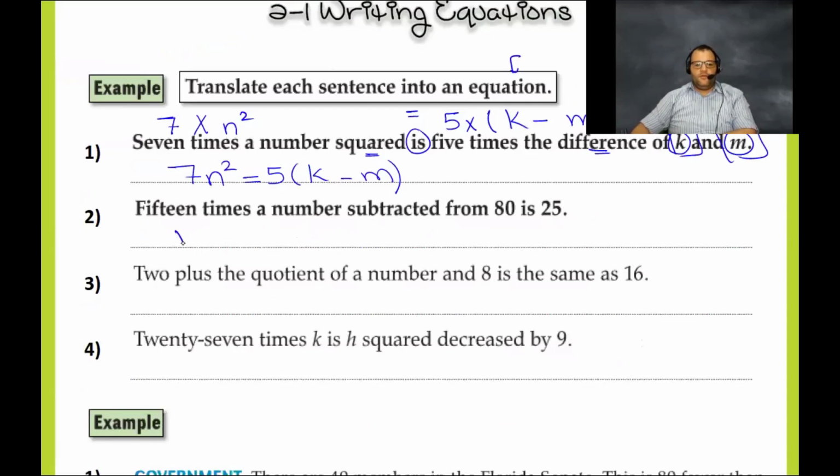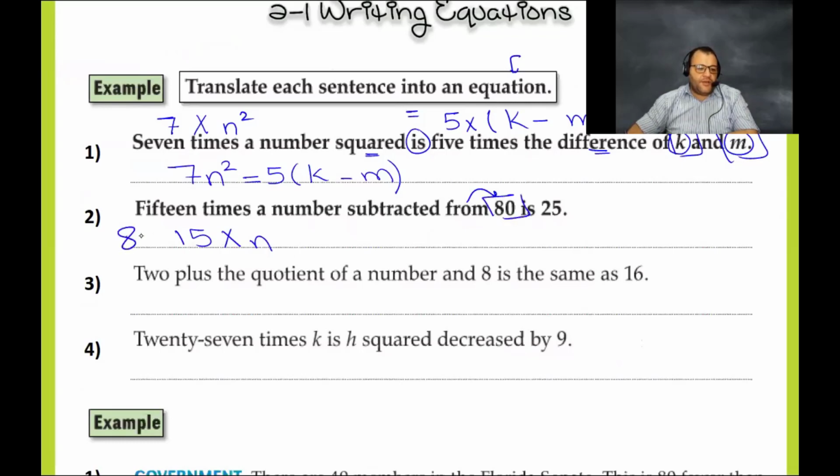For number 2: 15 and x times a number, which is n, subtracted from 80 is 25. What is the meaning of subtracted from? We write minus a number. When I say 5 is subtracted from 3, it is 3 minus 5. The expression which comes after from will be written first.